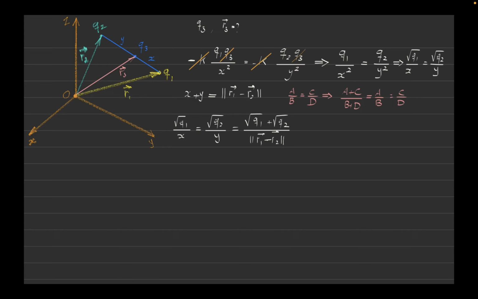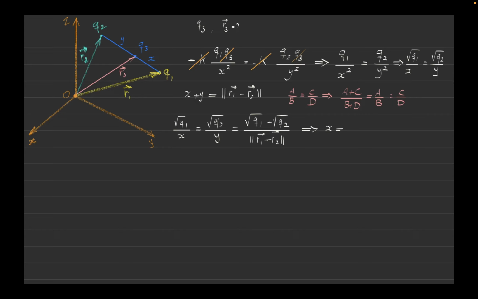Okay, so for example, you can consider these two, and then you can find x. So this multiplied by that is equal to this multiplied by x, then you will find x. It's a very simple calculation. Of course you can also find y, but let me just calculate x.